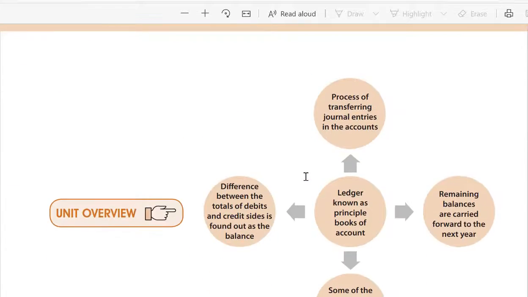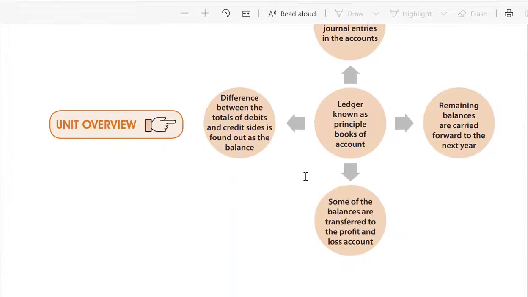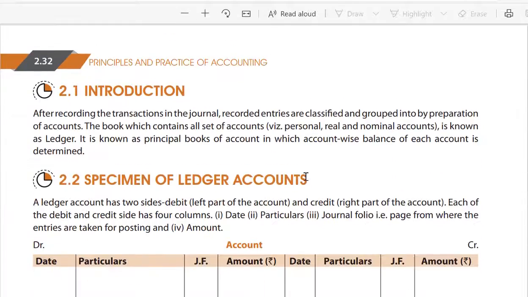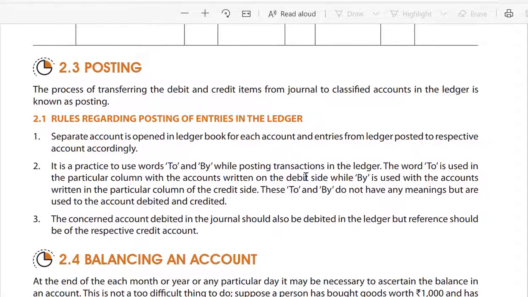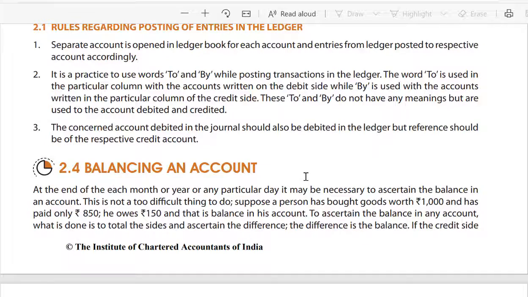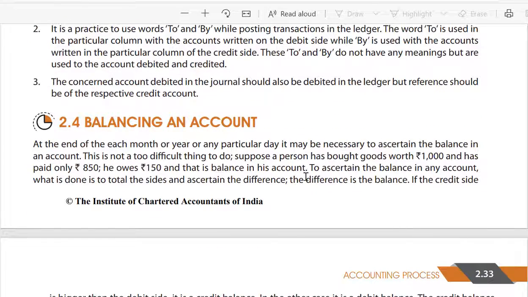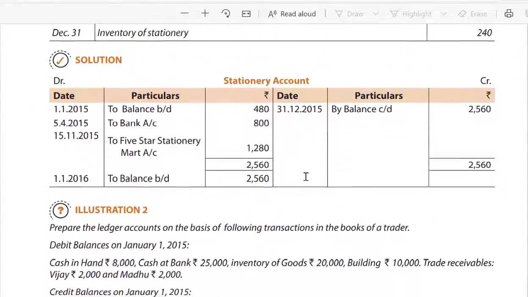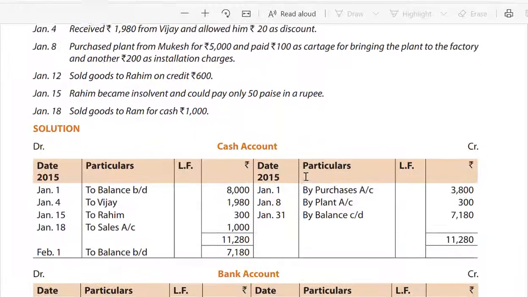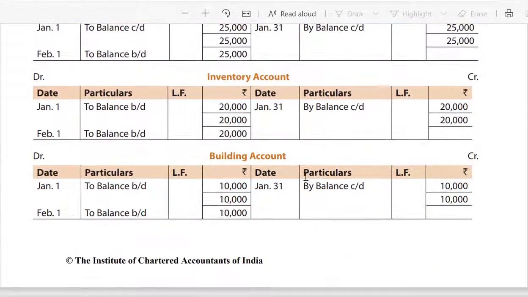Just see it over here, students. We have covered the introduction part. We had seen the specimen of ledger accounts. Posting we had already understood. Rules regarding the posting we had done. How to balance an account we had already learnt. We had seen several illustrations also in relation to how to make ledgers.